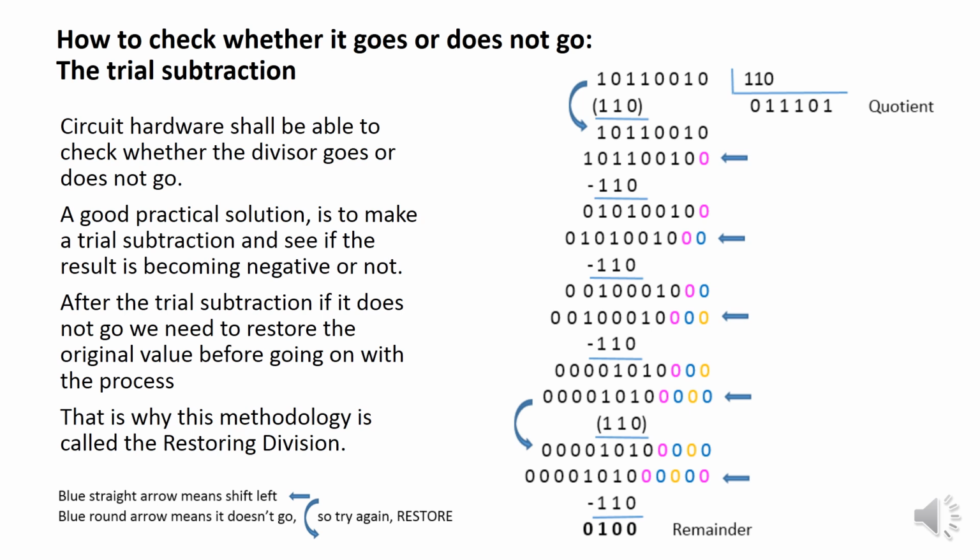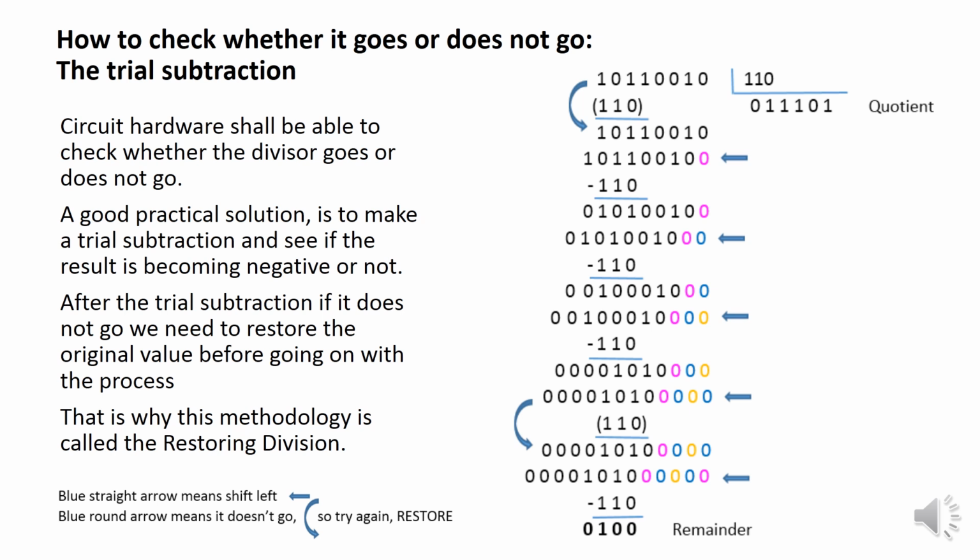So, in this case, a restoring step may be required. This is why this methodology is called the restoring division. So, the concept of what we are doing is this: we make a trial subtraction, and then we add it back by means of a restoring step when we see that it does not go.